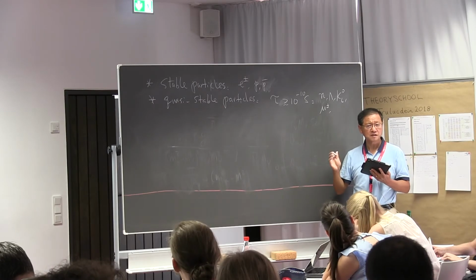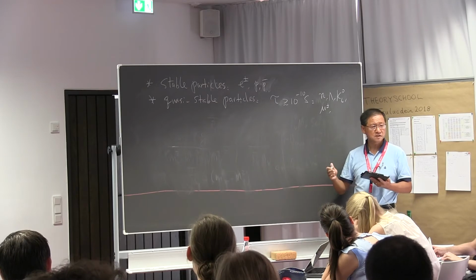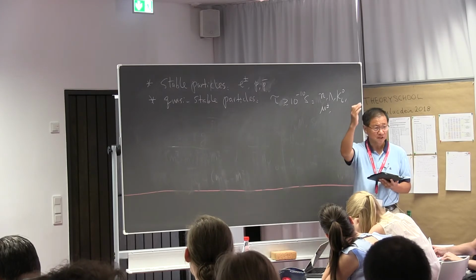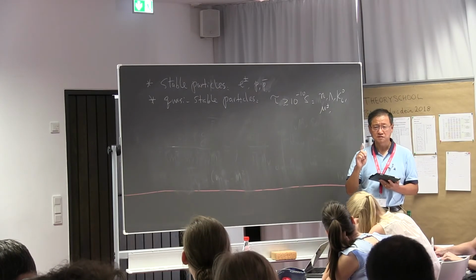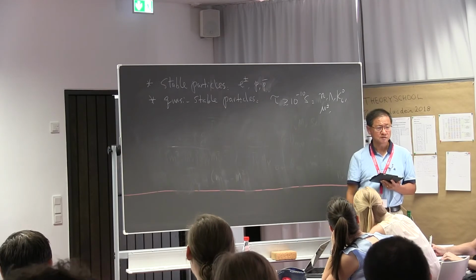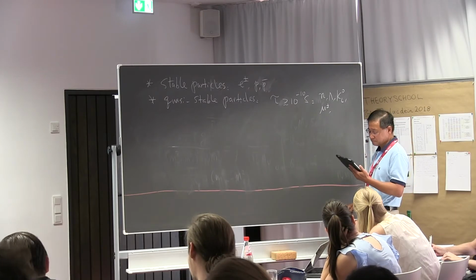Long-lived, very massive, moving slowly, and it does not interact with many other things, it goes all the way to the end. So muons are the best. If your new physics signature gives you muons in the final state, you make your experimental friends very, very happy. So muons are really, really good.